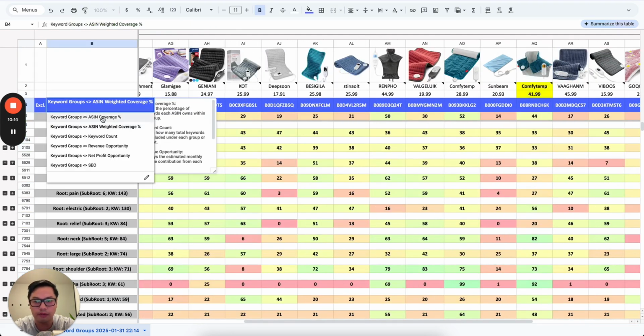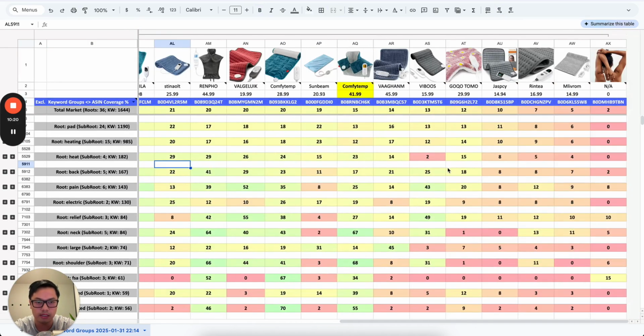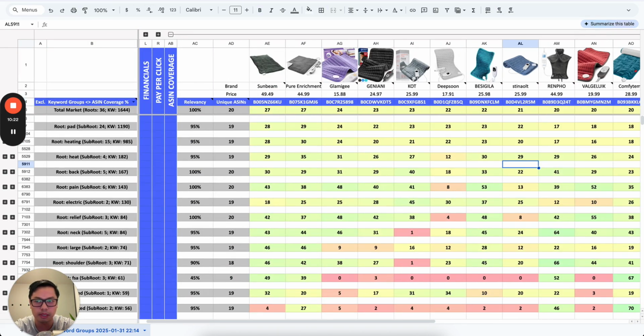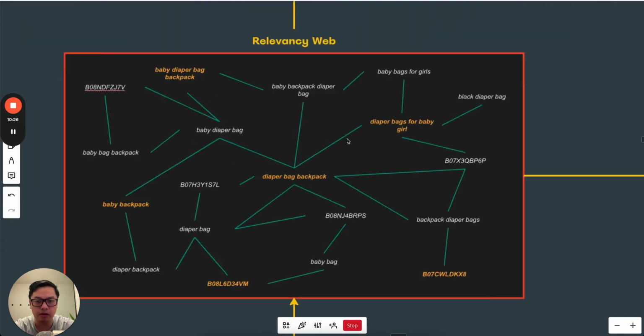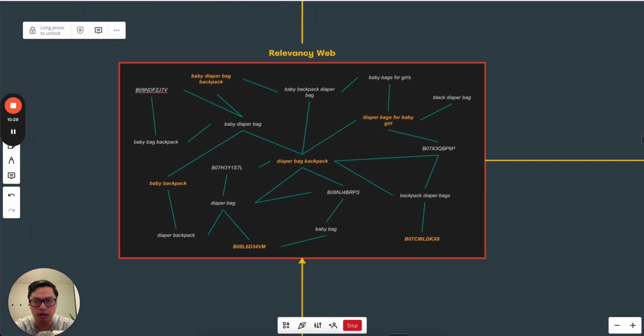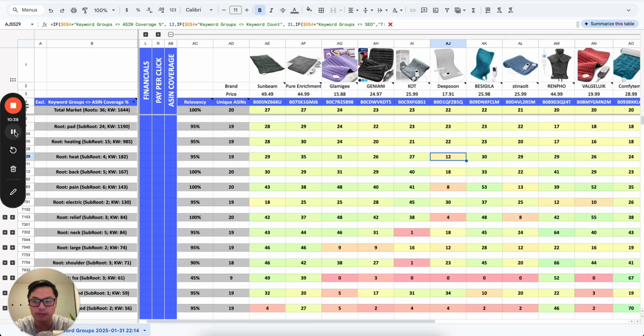Okay, so we have a bunch of options here. This first option, what this heat map is basically, when we asked Amazon, hey, give me a list of all the keywords that I am relevant for, this is a percentage of those keywords compared to all of the keywords for that specific root or subroot.